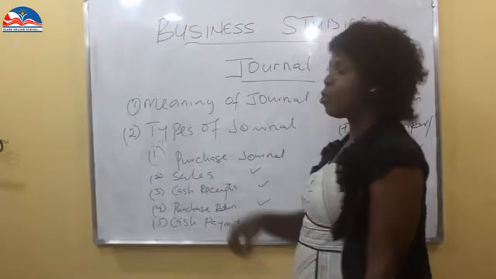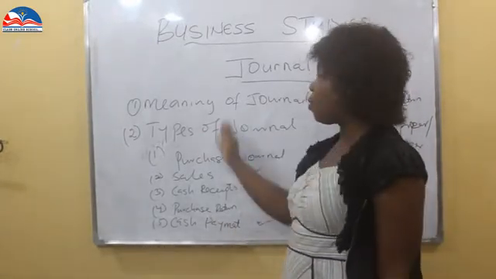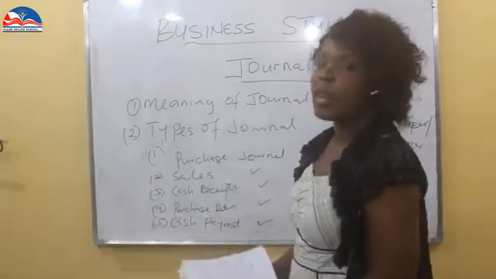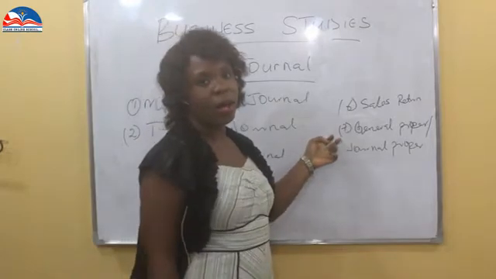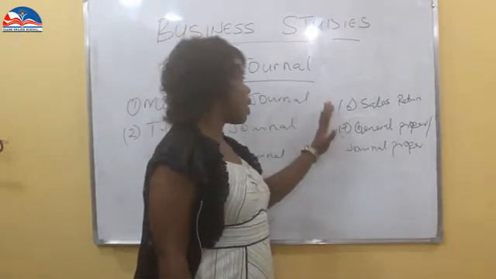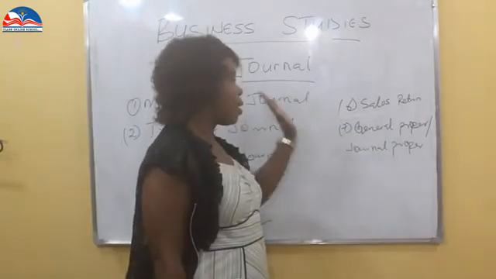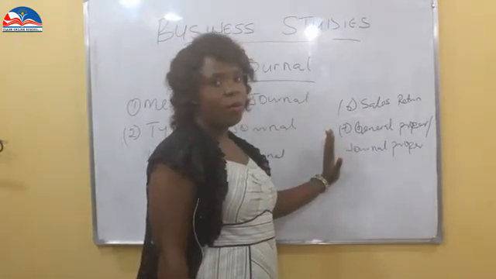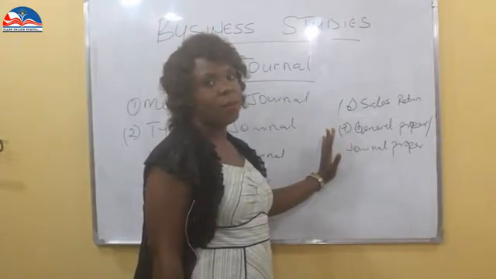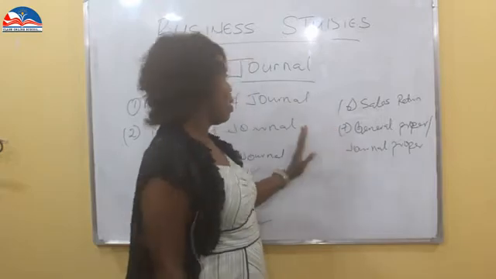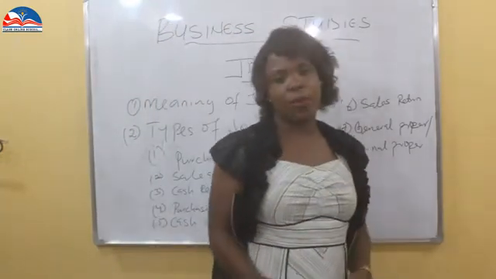If a transaction is not recorded in any of these journals, it is then taken straight to the journal proper. From the journal proper, they can know the accounts that it will best fit into. So these are the types of journal entry that we have.